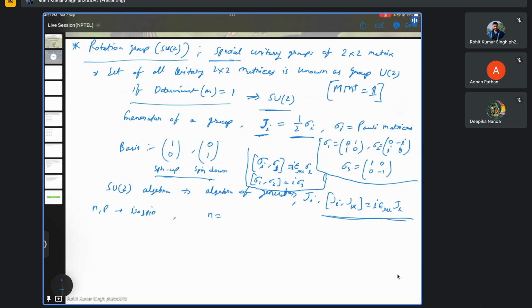So proton has isospin up, I3 equal to plus half, and neutron is isospin down, I3 equal to minus half, right?